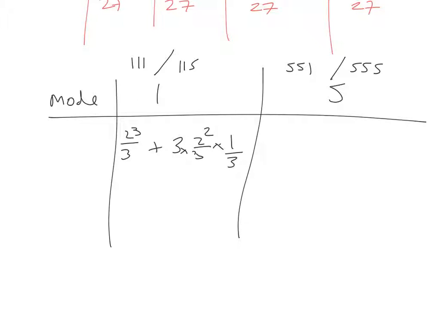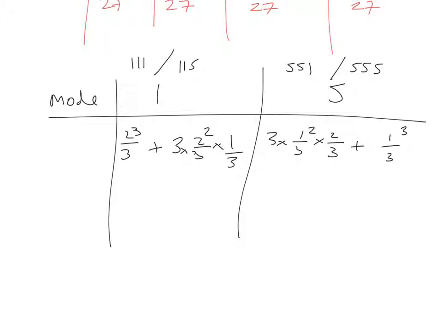And then for the 5s we have 3 times 1/3 squared times 2/3. That's where we've got 2 5s. And add that to the other possibility where we have 3 5s, which is 1/3 cubed.